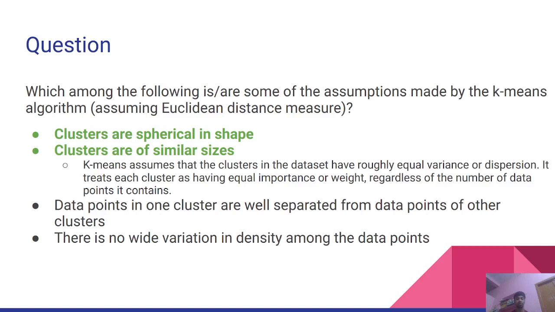Then, data points in one cluster are well separated from other clusters. So do we need to assume that? If we have some cluster here and another cluster here, and we assume that all the data points are well separated, like there should not be any intersection. Is it an assumption in K-means?